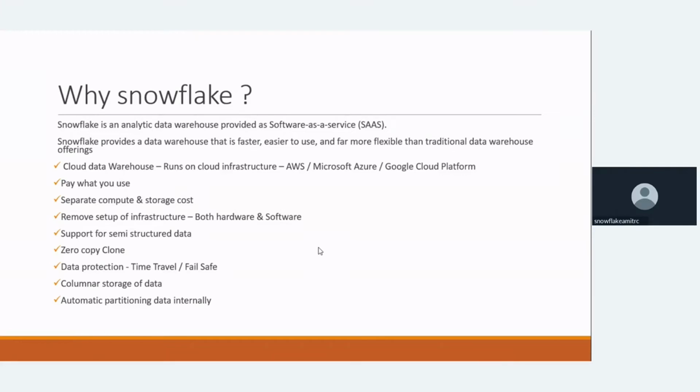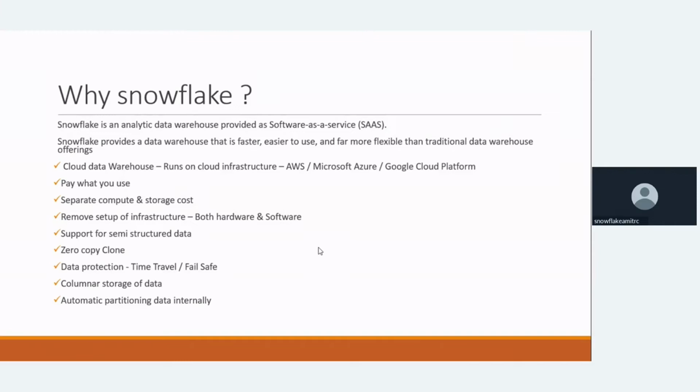But if you work with zero copy clone, table B will not copy table A's data. It will copy only table A's metadata. That means it will copy only table A's file system address, not the data.